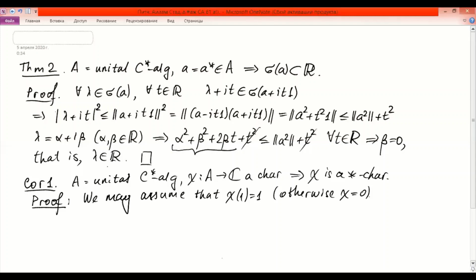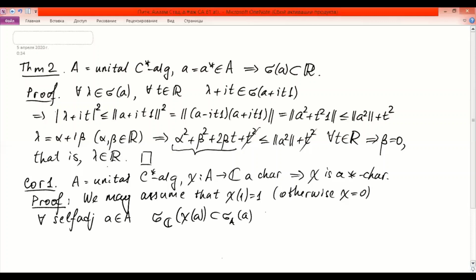First of all, let's take any self-adjoint element, little a, and observe that since chi is a unital homomorphism, the spectrum of chi of a calculated in the field of complex numbers is contained in the spectrum of a. Well, just because chi is a unital homomorphism.